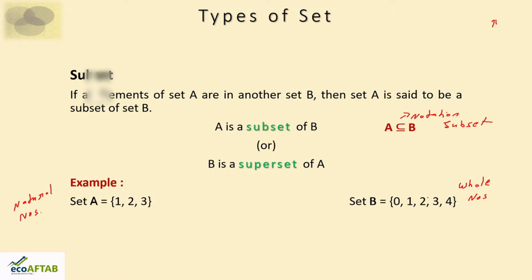Now coming back, set A is natural numbers and set B is whole numbers. If you limit yourself only to the counting numbers 1, 2, 3, it is natural numbers. Whereas if you bring in 0, then 0, 1, 2, 3, 4 is whole numbers. So whole numbers include natural numbers.